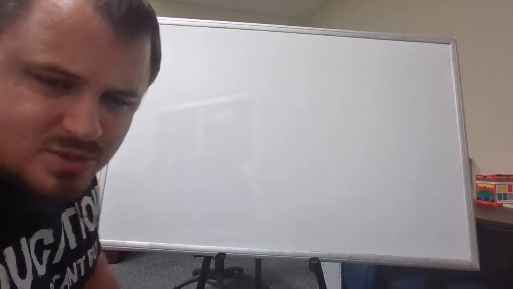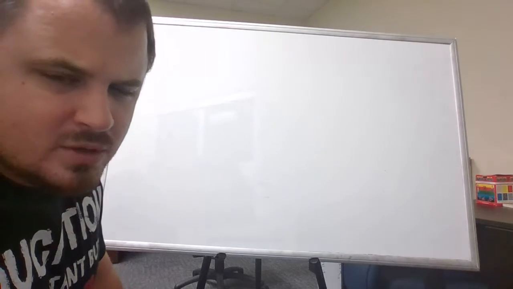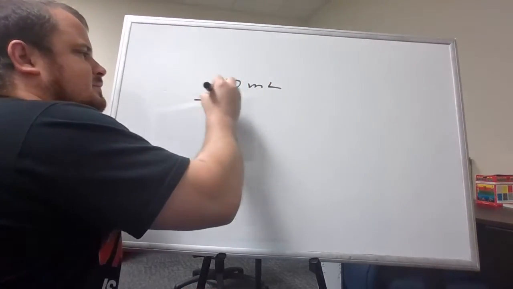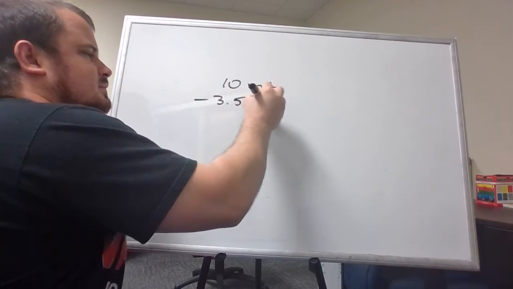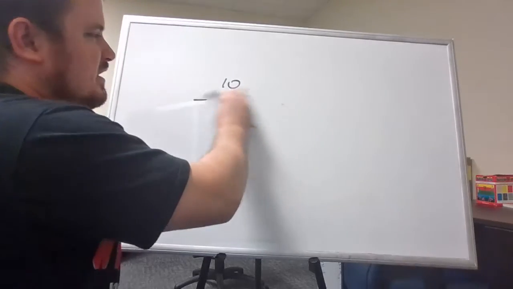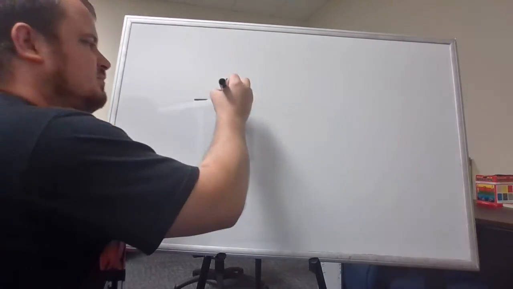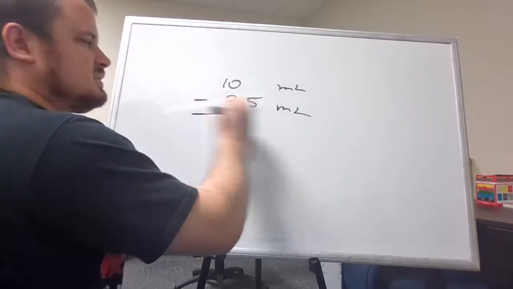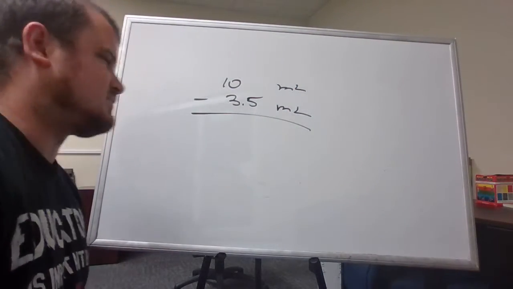All right, moving on to number 7. 10 milliliters minus 3.5 milliliters. This is by far the weirdest question. A lot of people that struggle with this, this is a question that makes them so frustrated because of how the answer turns out.